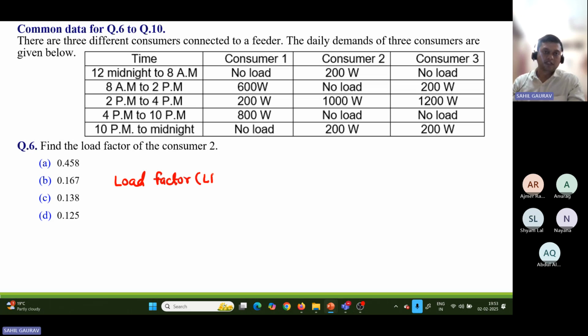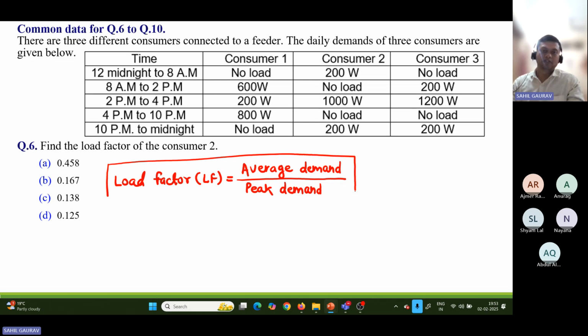So load factor is the ratio of average demand to the peak demand. They are asking about consumer 2.